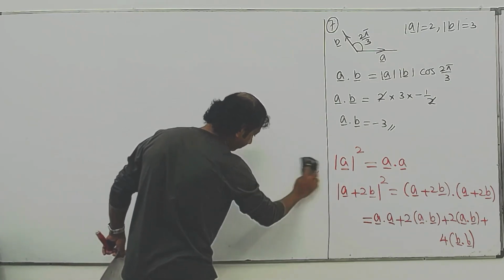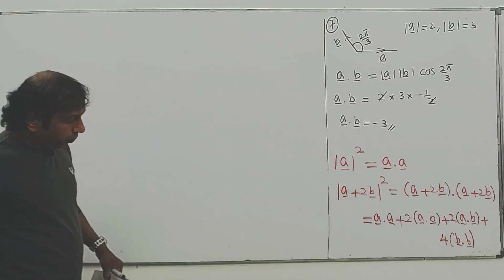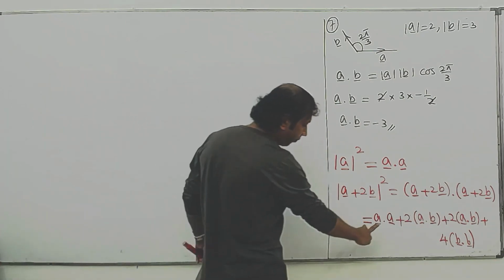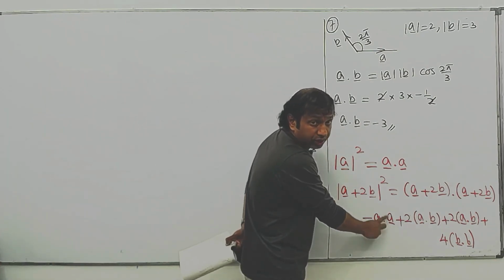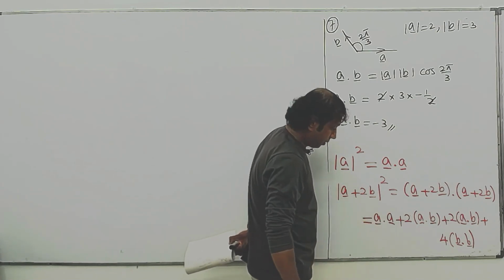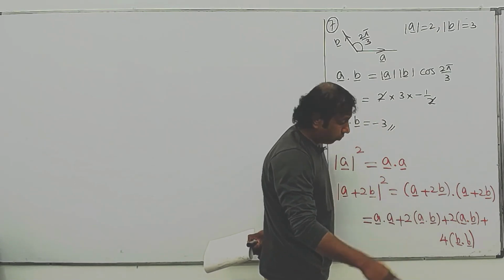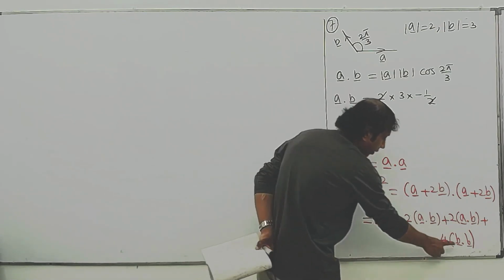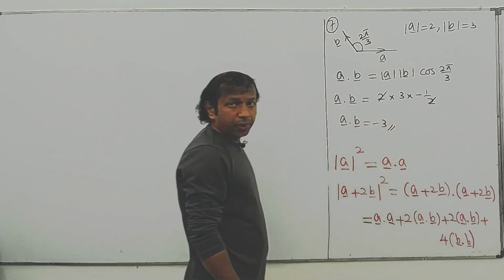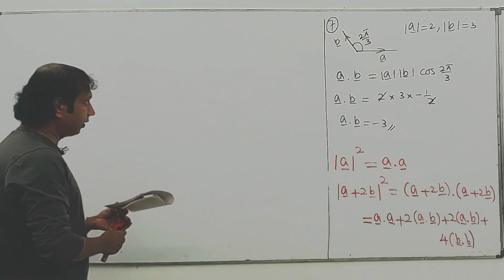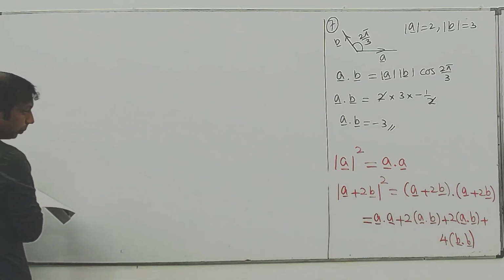Okay, people. Now, you know what is A dot A? A dot A is mod A squared, right? Here 2A dot B and 2A dot B is what? 4A dot B. B dot B is mod B squared. Then we will simplify that.